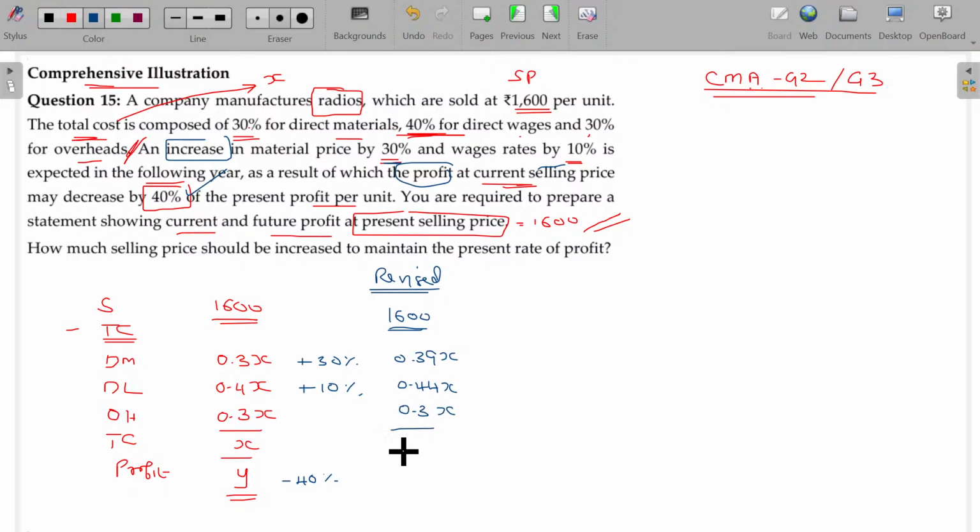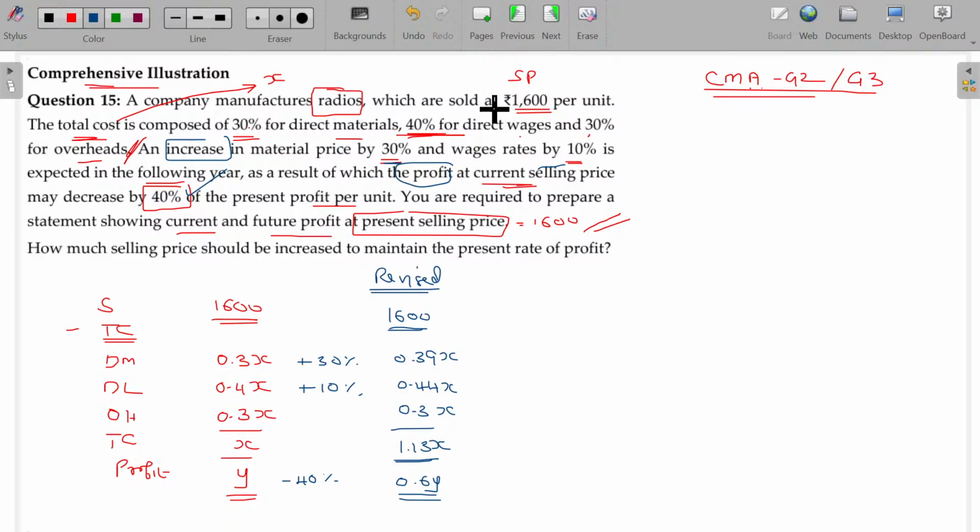What about the total? Total cost 1.13x. What about the profit here? From the existing profit, 40% will decrease, otherwise y will be 0.6y. Is that clear? Now we got the simultaneous equations, and you can solve this to get the final answer.